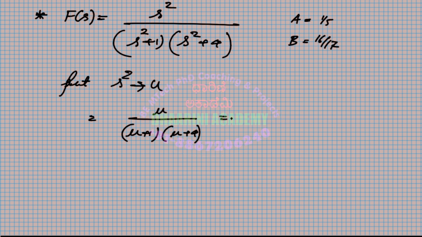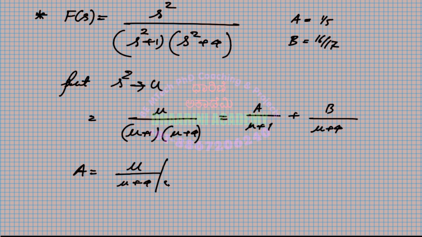I can split this now. So a by u plus 1 plus b divided by, say, u plus 4. Now calculate what is a. A is equal to u divided by u plus 4 such that u equals minus 1.